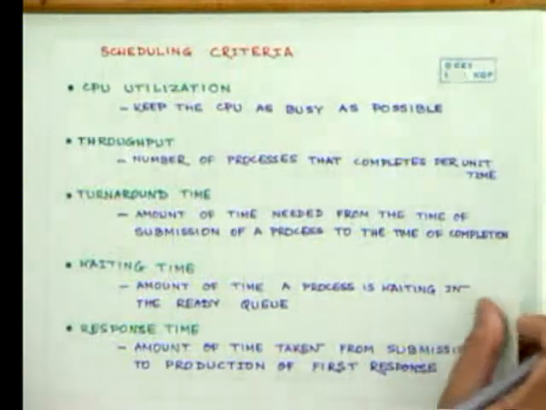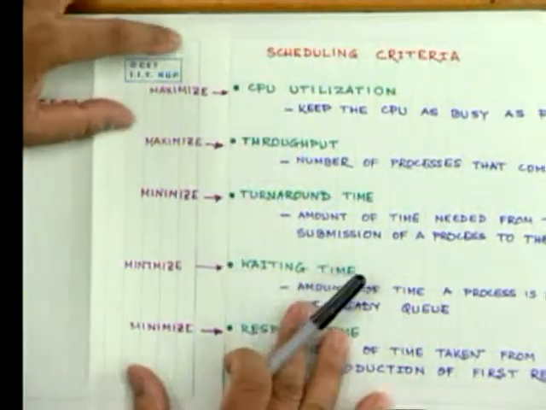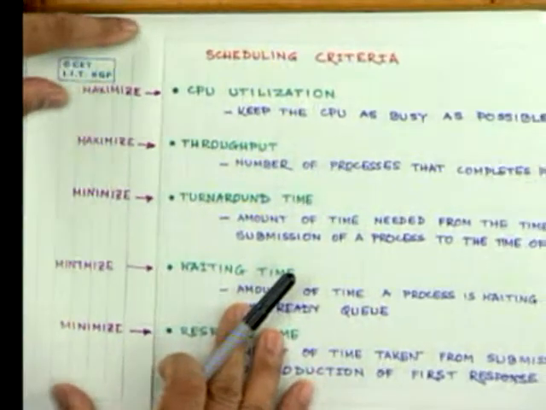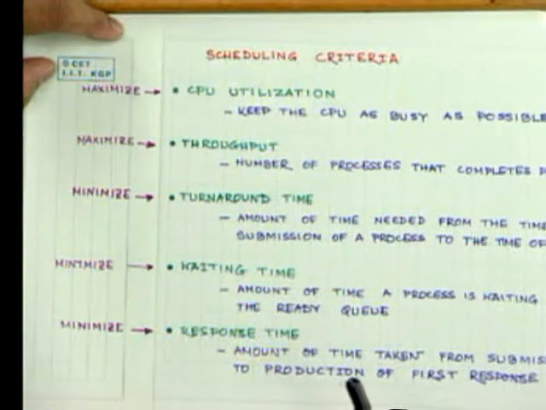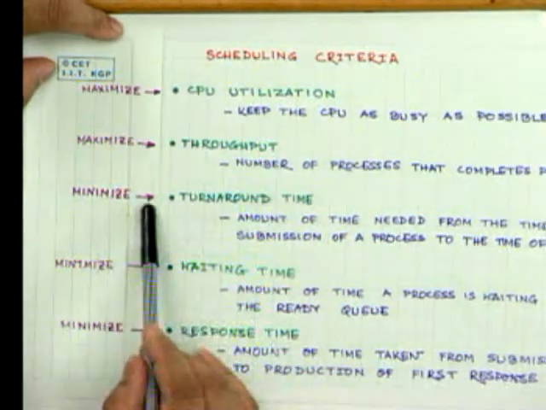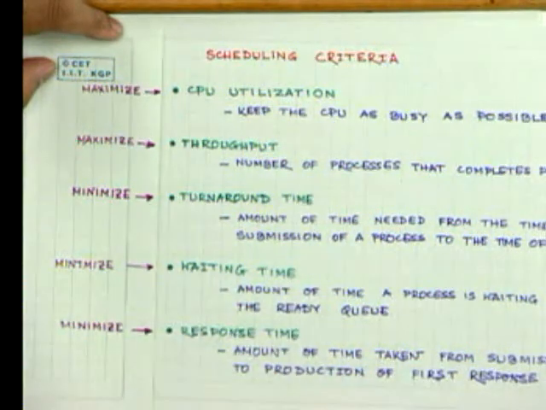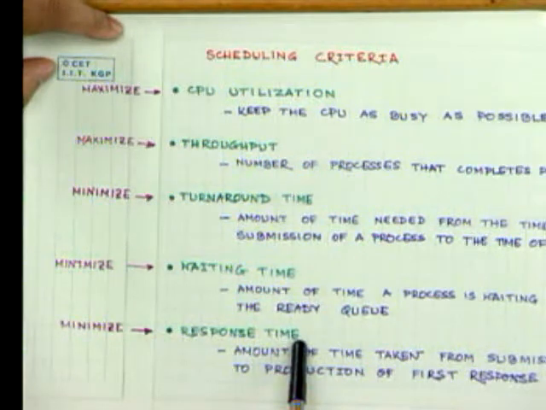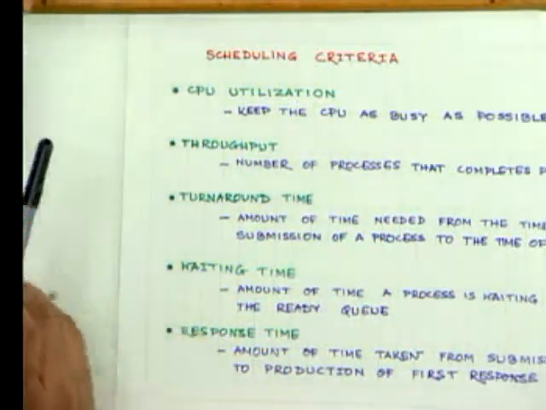Obviously, we should try to maximize the CPU utilization, maximize the throughput, minimize the turnaround time, minimize the waiting time, and minimize the response time. This should be our optimization criteria.